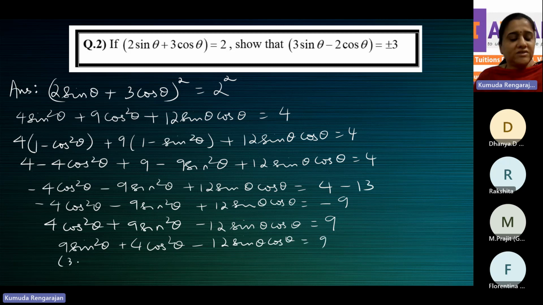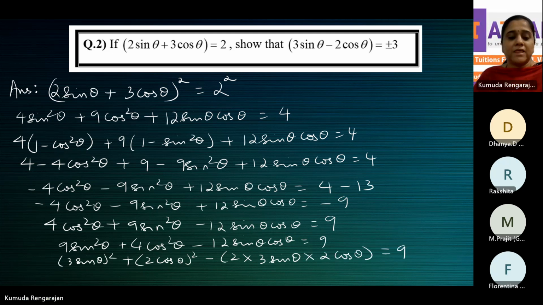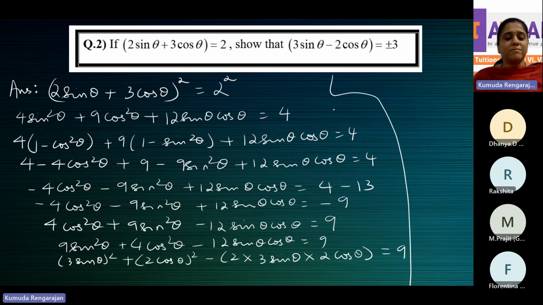Now this is like 3 sine theta, the whole square, plus 2 cos theta, the whole square, minus 2 into A into B is equal to 9. A square plus B square minus 2 into A into B. So what is that? It will be A minus B the whole square, because minus 2AB.